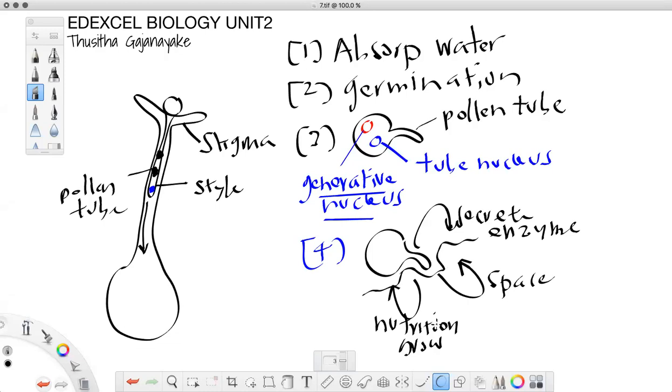Right, like this, it goes very close to the micropyle. Now let's see what happens at the micropyle.